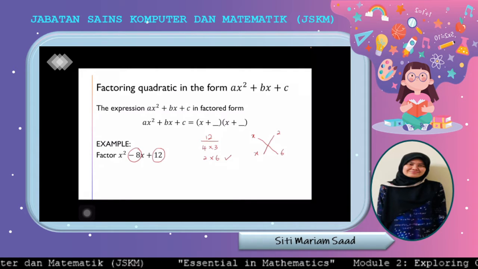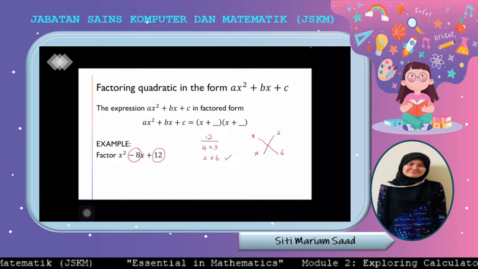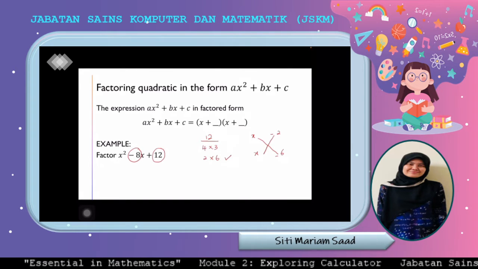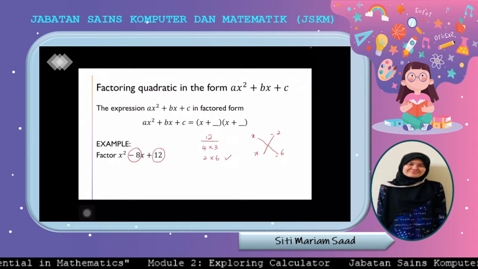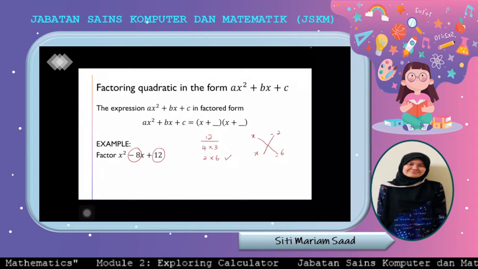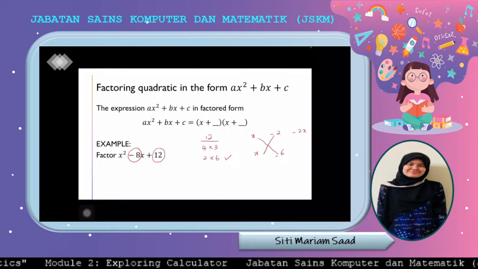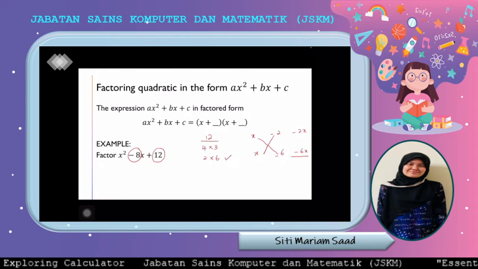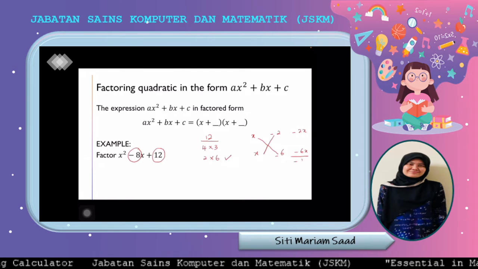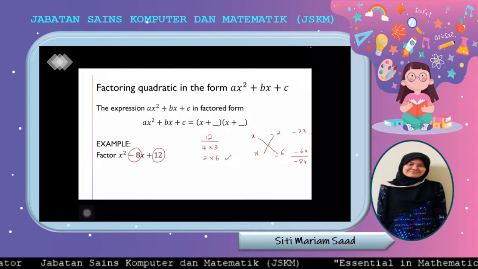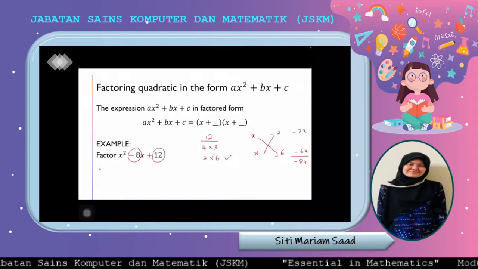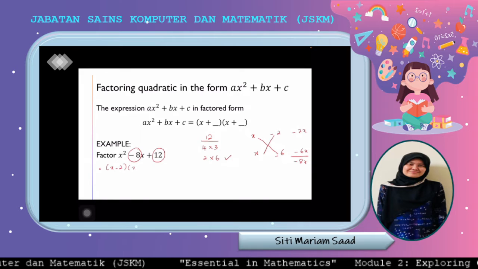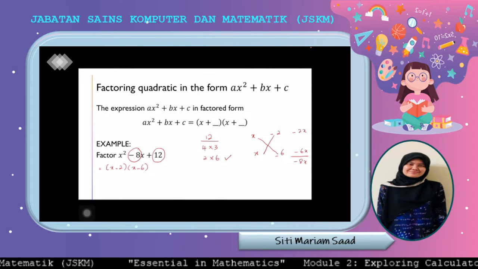So to get negative 8, we need negative 2 and negative 6. Negative 2x and negative 6x add to give negative 8x. So the two factors for this quadratic are x minus 2 and x minus 6.